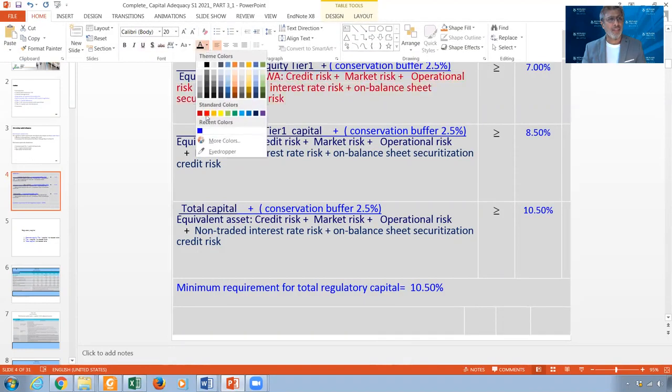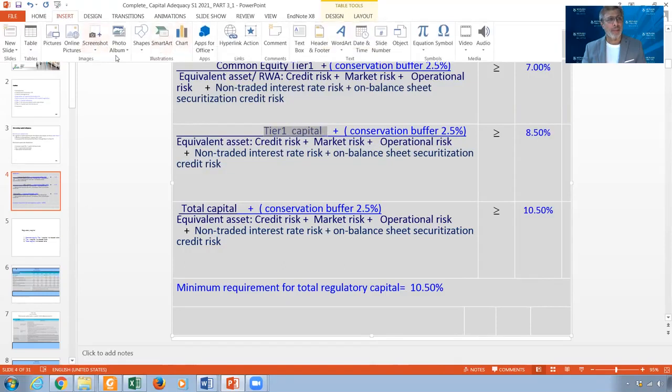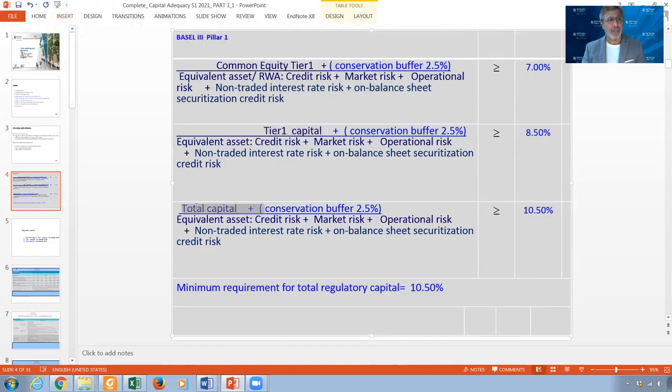If you look at this or this or this, it's the same thing. However, only the capital differs: here it is tier 1, here is total capital, and here is the common equity. When we calculate it, the common equity should be equal or more than 7%, tier 1 should be equal or more than 8.5%, and total capital should be equal or more than 10.5%.